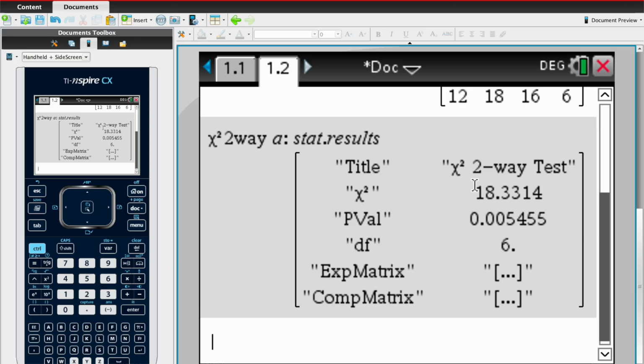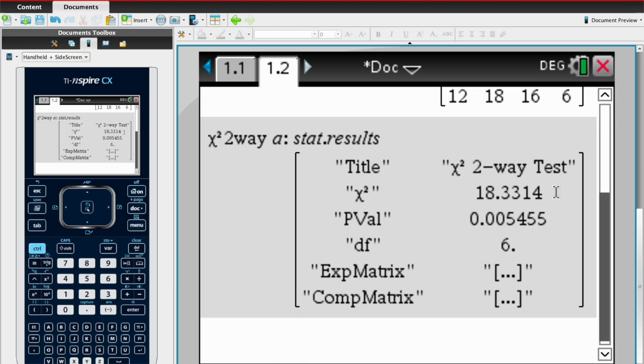So the p-value is pretty small actually, so it's pretty unlikely we see these results, which tells us that there might actually be some kind of relationship between these variables, because this is a little different than what we would expect just based on randomness alone. All right, chi-squared test statistic 18.32, 3 significant figures.